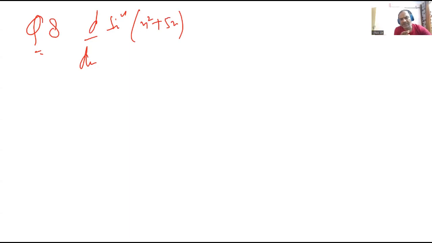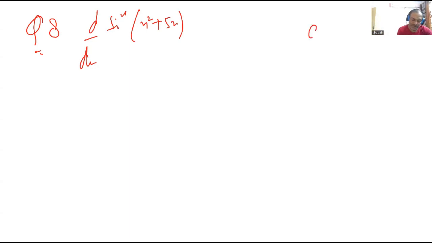There is a question, 8th. Let there be a question like this: d by dx of sine inverse of x squared plus 5x. Okay, this is the question. Now, what is the parent function?